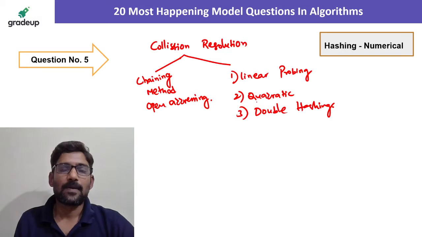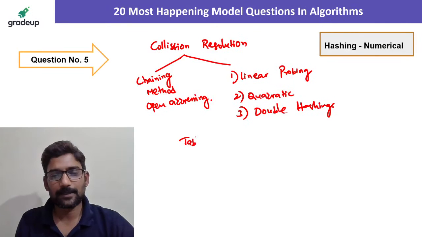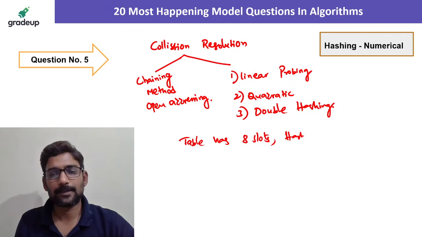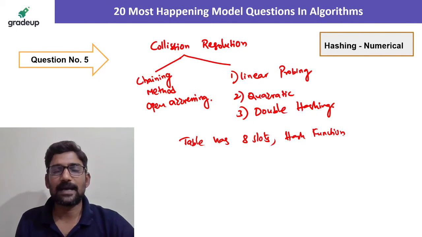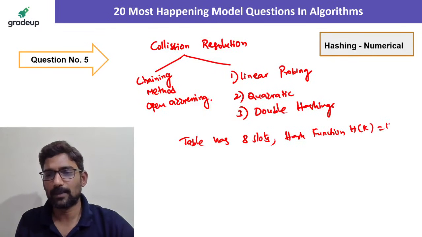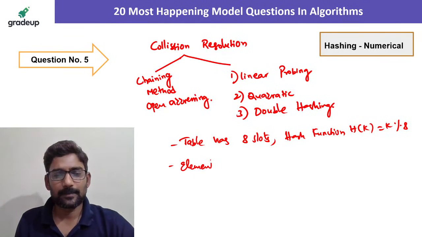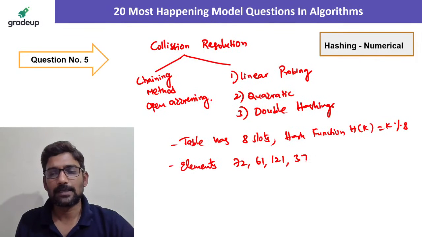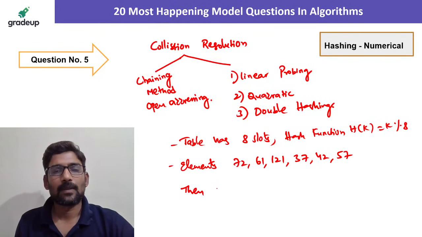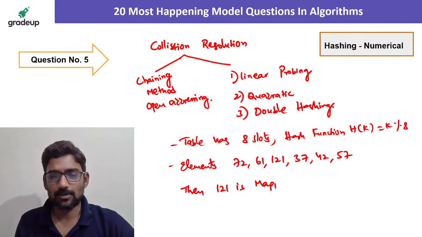Now, you may get a numerical question. Suppose the table has 8 slots and the hash function is so and so, for example h of k is equal to k modulus 8. Then elements to be placed are, let's say, 72, 61, 121, 37, 42, 57. Then 121 is mapped to what slot?